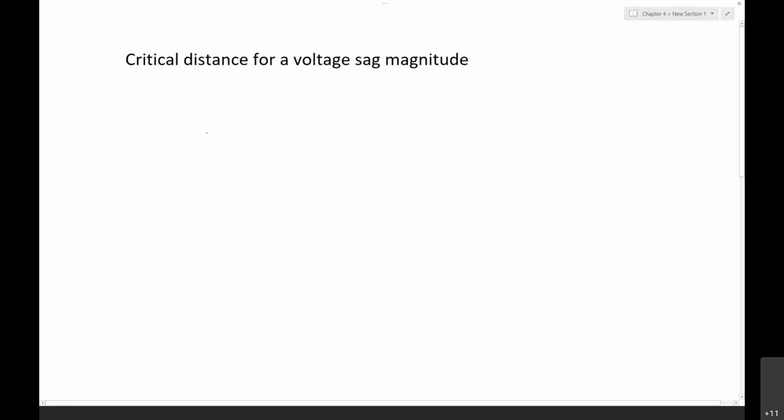It means that as we have seen, the voltage sag magnitude is very well dependent on the distance of the fault location from the point of common coupling, PCC, 10 kilometers.